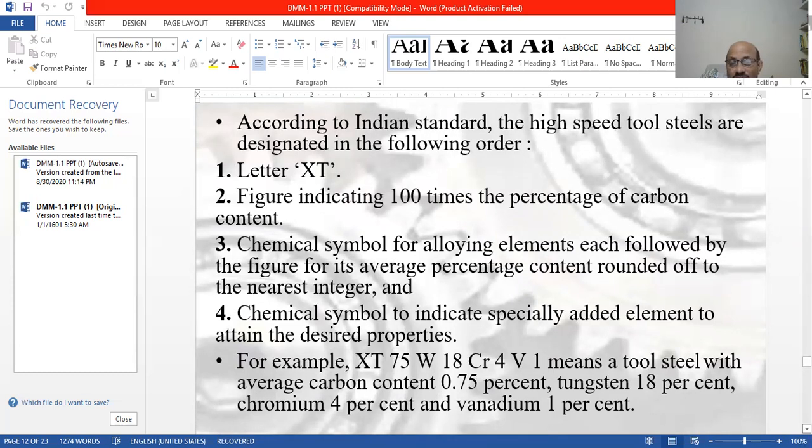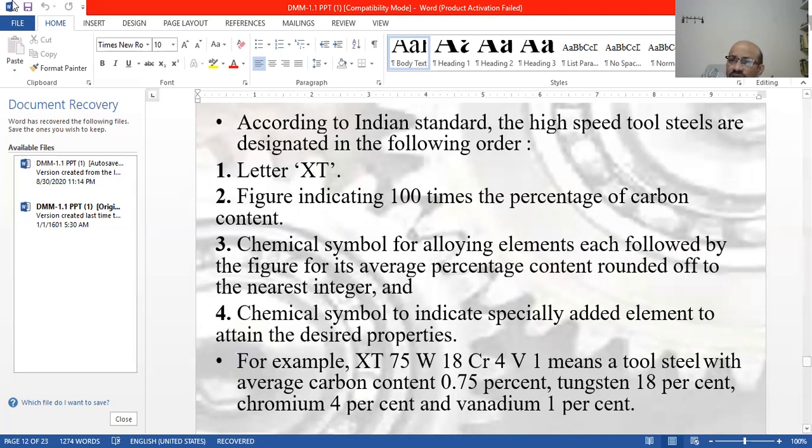After that, other metals follow, with the chemical symbols for alloying elements, each followed by the average percent content rounded off to the nearest integer, to attain the desired properties.